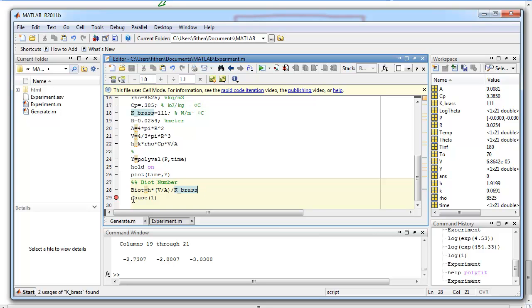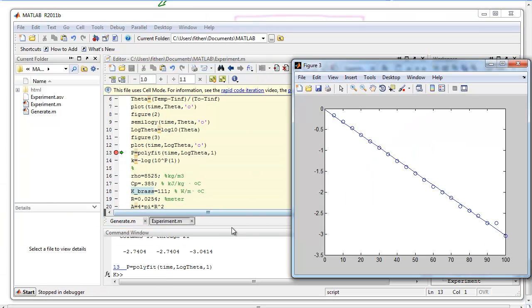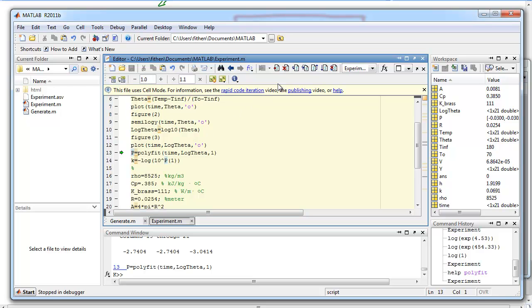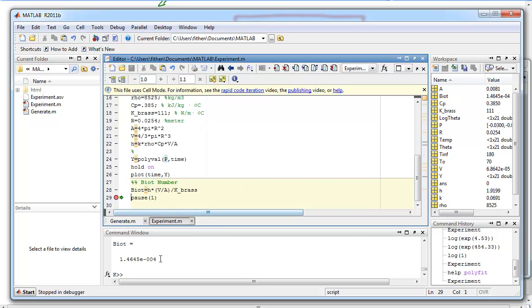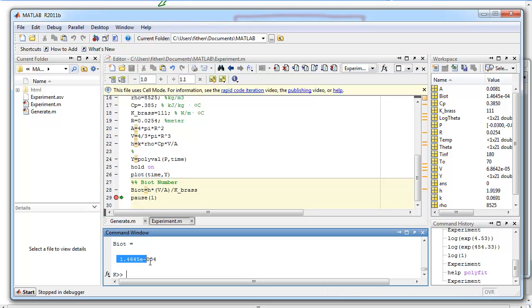So with that in mind, let's run it all the way through. Okay, I have a breakpoint that happened right there, and I go on down, and I got a Biot number of 1.4 e to the minus 4. That's easily under the consideration of being less than 0.1, so we're fine there.